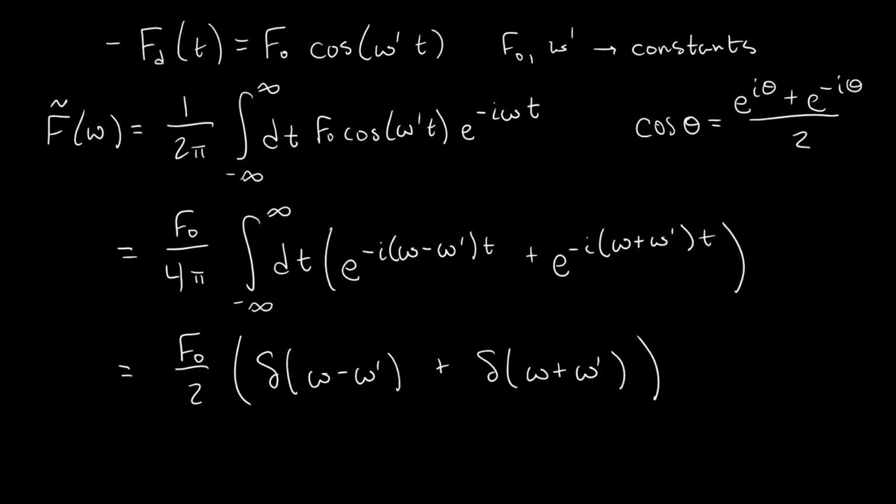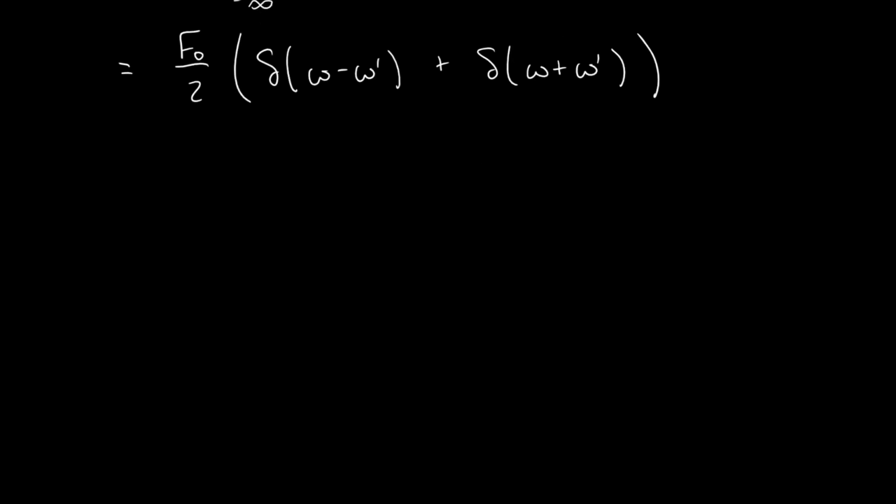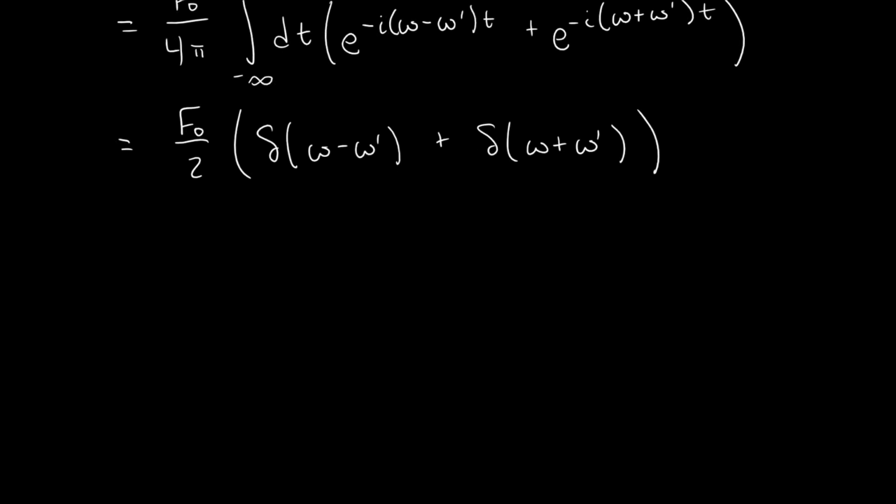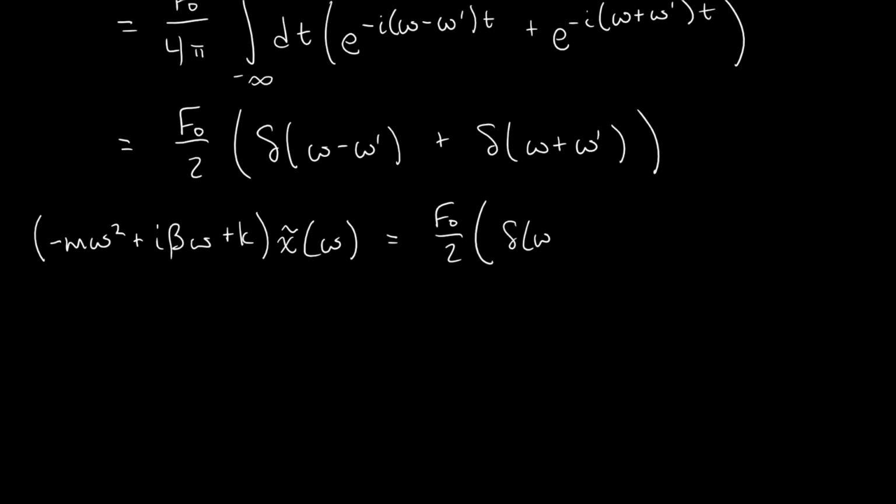So now it's just a matter of plugging this into my differential equation, or I guess now my algebraic equation. So I get something which looks like this, plus i beta omega plus k, x tilde omega. And this is f naught over 2 delta omega minus omega prime plus delta omega plus omega prime.